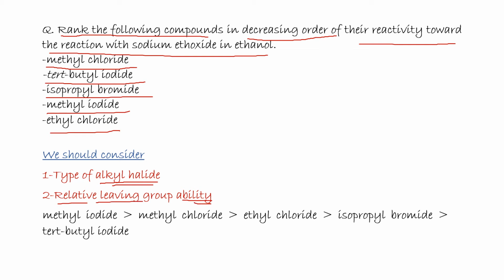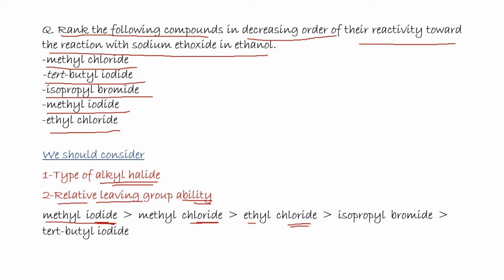So we start, as we mentioned before, methyl halide reacts faster than the primary, than the secondary. So we start with methyl iodide. The leaving group here is iodide, faster than the chloride. So it's methyl iodide, then methyl chloride, then we get to ethyl chloride, leaving group is chloride.